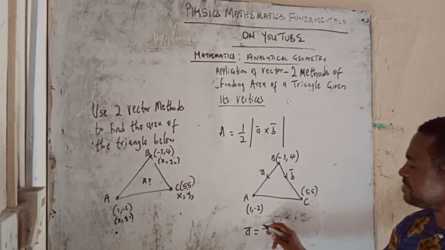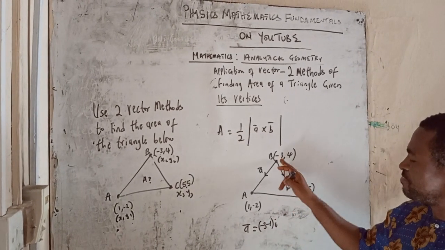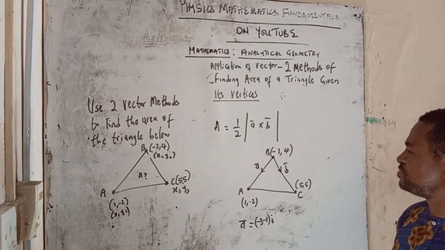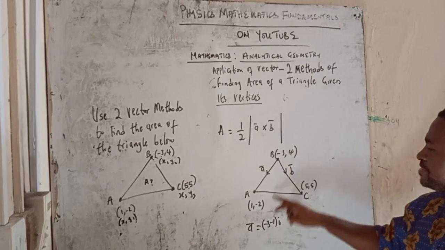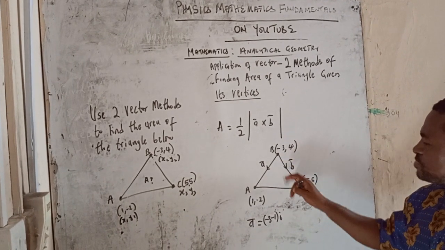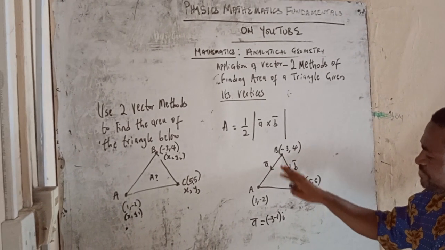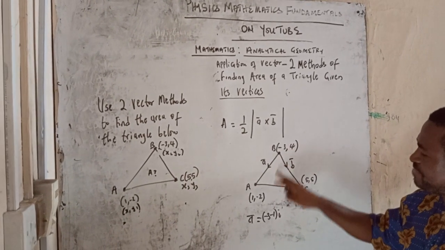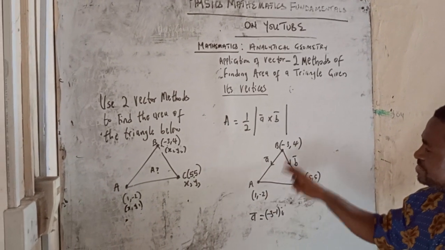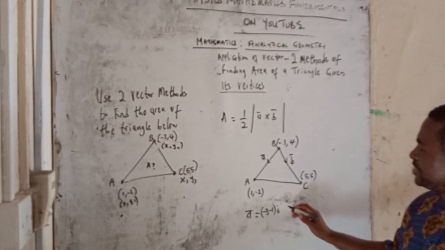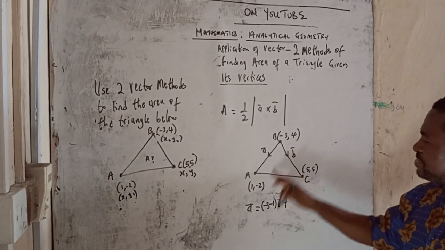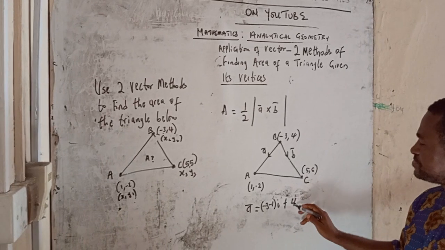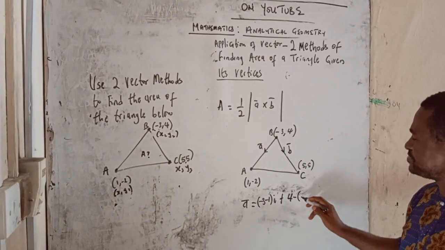Call it I. Then we find the difference between the y coordinates of the same vector A. So it's going to be 4 minus minus 2.